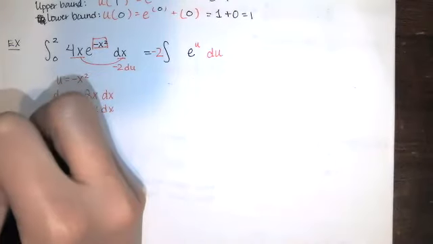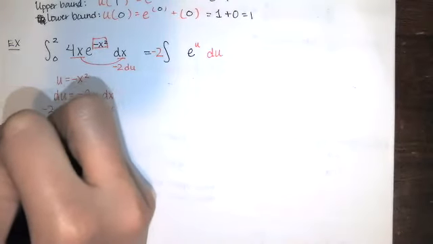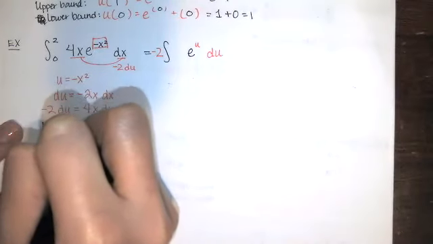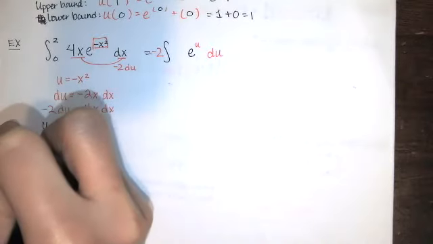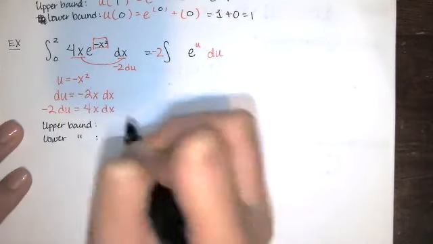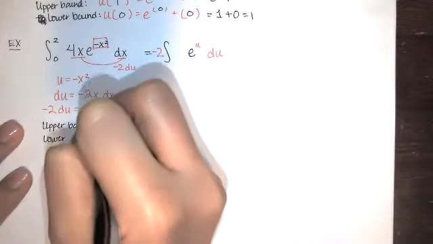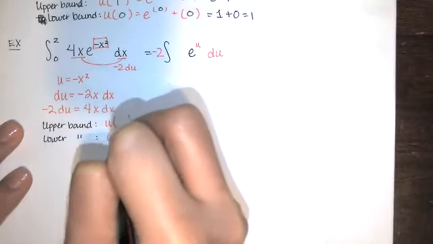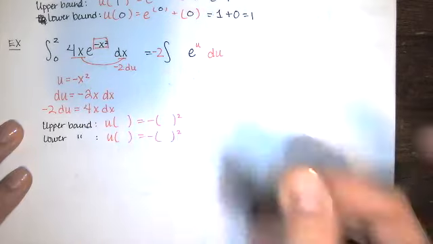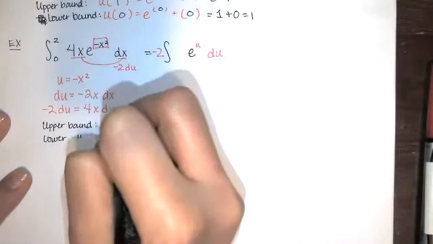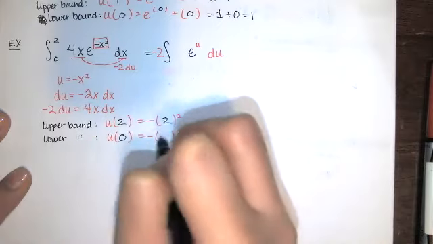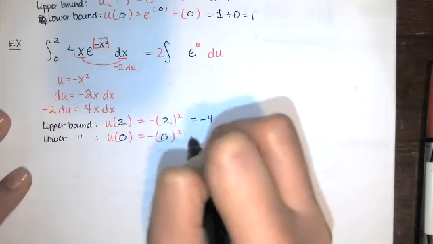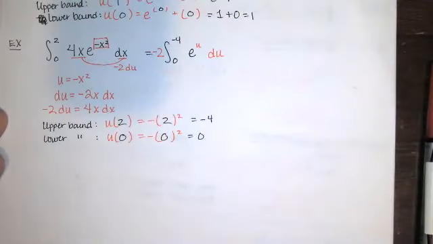So we will find the new upper bound and the new lower bound and subtract. So I replace x with 2, I replace x with 0, and I subtract, so I get negative 4 and 0. All right, so those are my bounds.